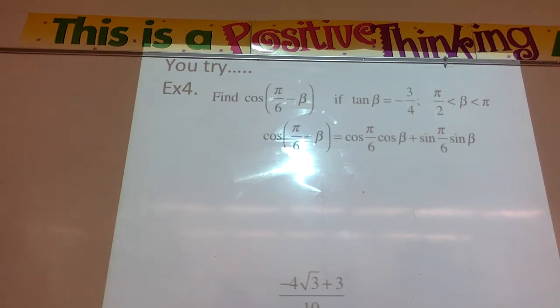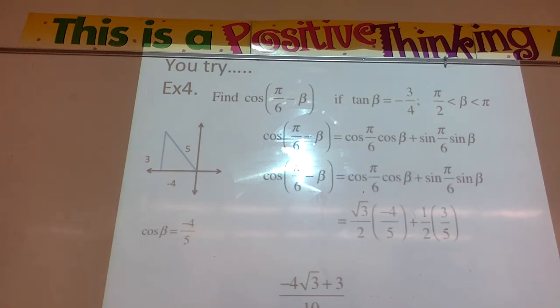Negative 4 root 3 plus 3 over 10. I'll give you more of the work then, and just for those of you that are at the end. Here are my fractions.